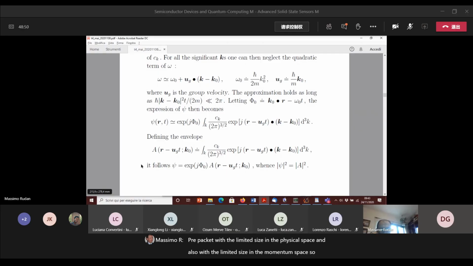So again, we have a description of the motion of the particle that is similar, in quotes, to the classical one.